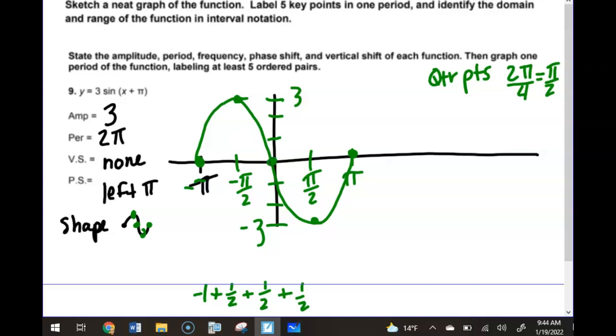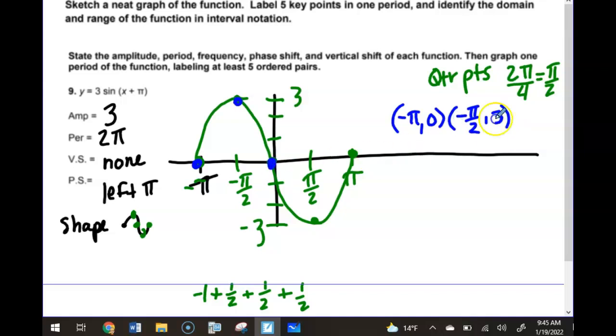All right. Antoine, can you give me one ordered pair? I don't care which one it is. What's the name of that ordered pair right there? Negative pi and up 0, right? Who's got this one? Okay, the next one is super easy.